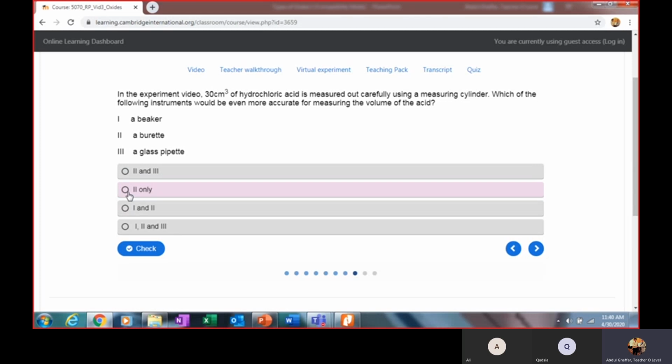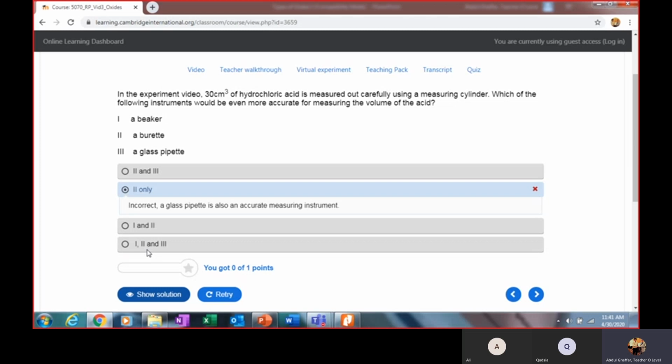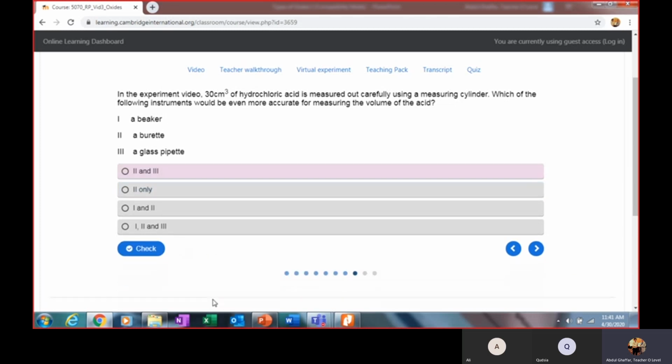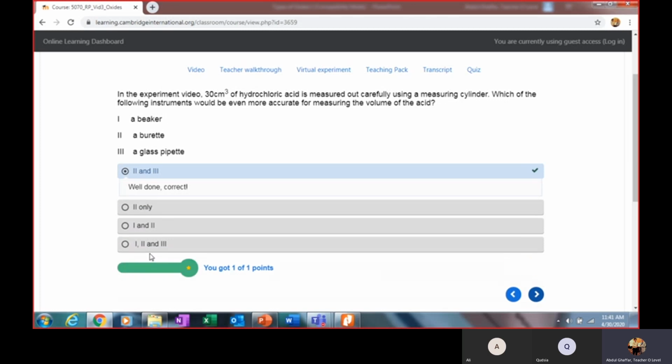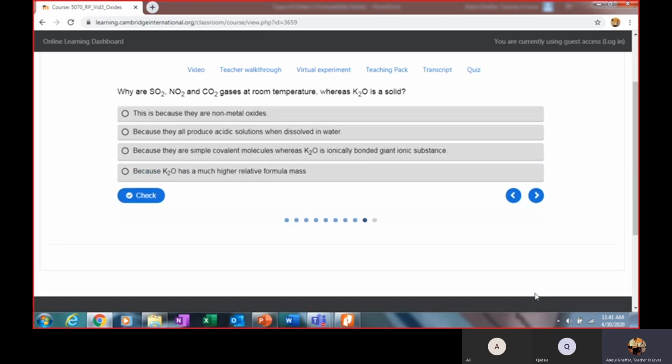There are two types of pipette, 10 cm cube and 25 cm cube. So for 30, the burette will be more accurate. It will be second and third. Through the pipette we can measure only the 10 and the 25.